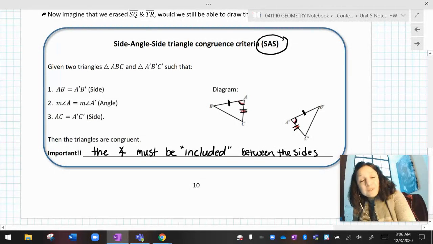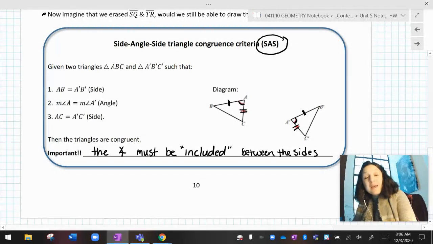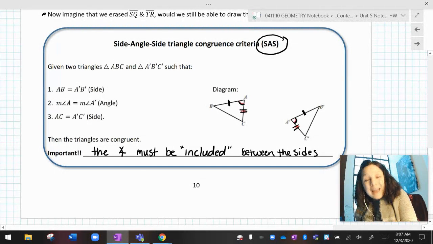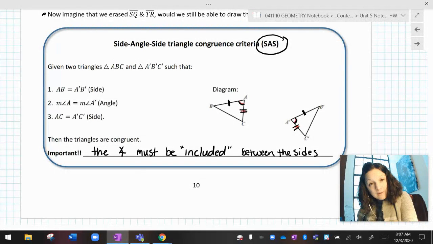If you have 2 sides and the angle between them, that is good enough. And you can stop there and say, hey, if AB is congruent to A prime B prime, AC is congruent to A prime C prime, and angle A is congruent to angle A prime, those triangles are congruent by SAS. You don't have to find the other angles or the other side.